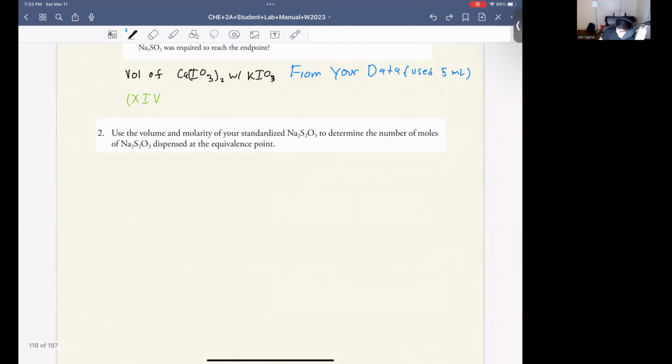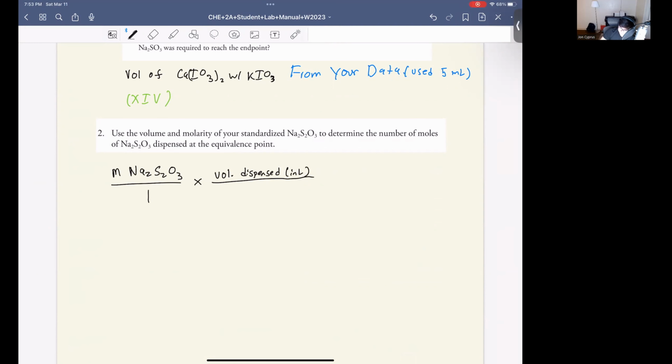So you're going to take your molarity of sodium thiosulfate and convert it into moles by multiplying by the volume dispensed in liters.